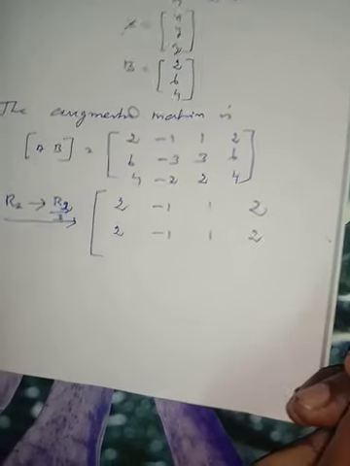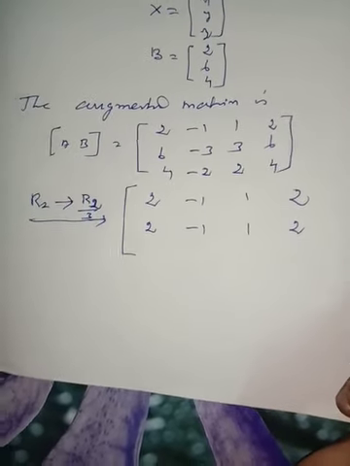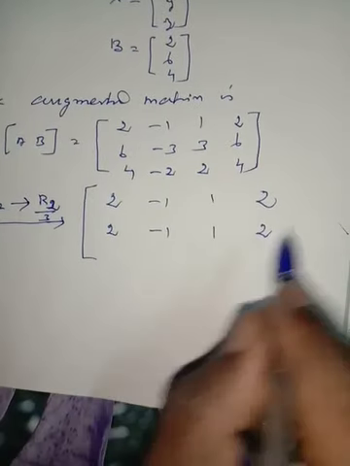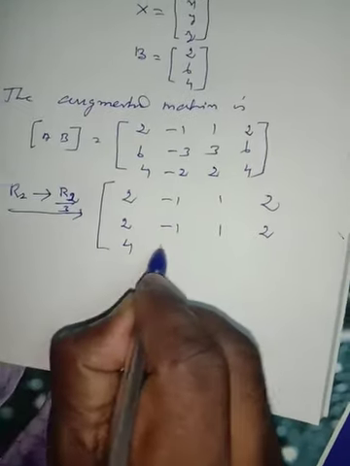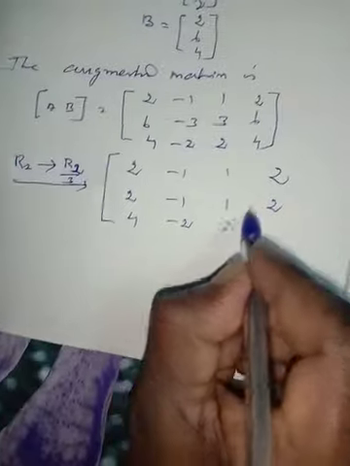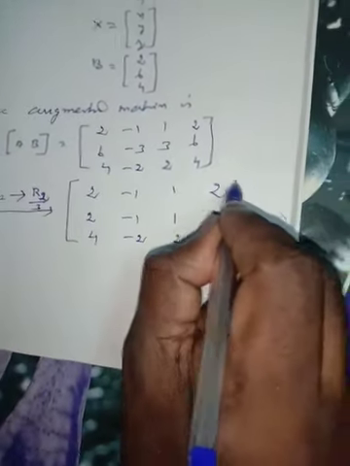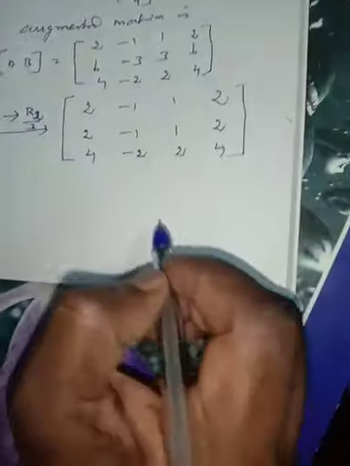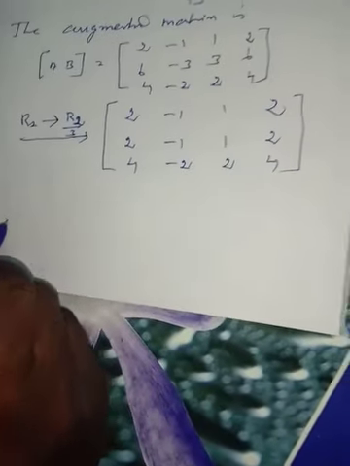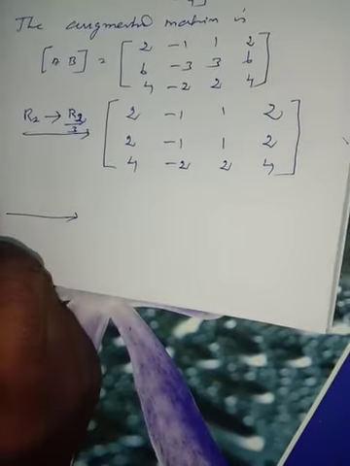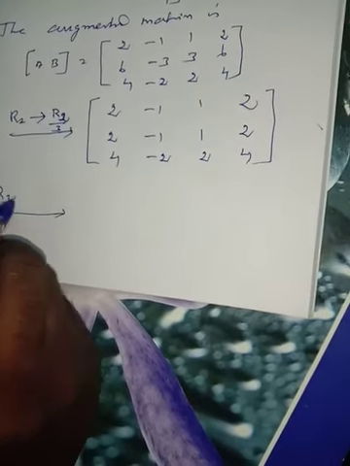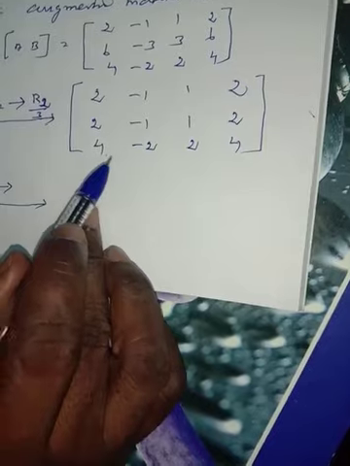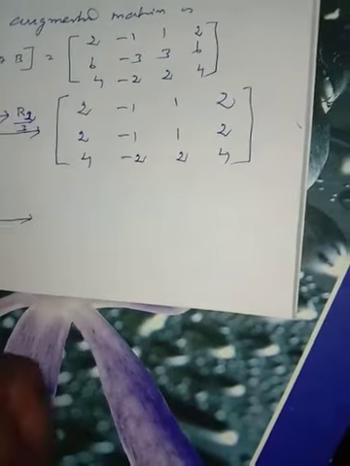Next, third row: here 4, minus 2, 2, 4. Next rule is R3 implies R3 by 2.